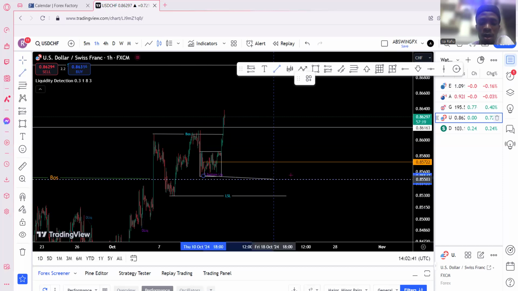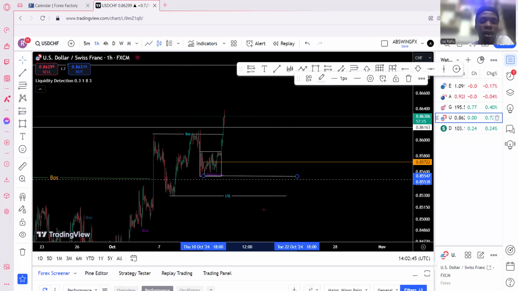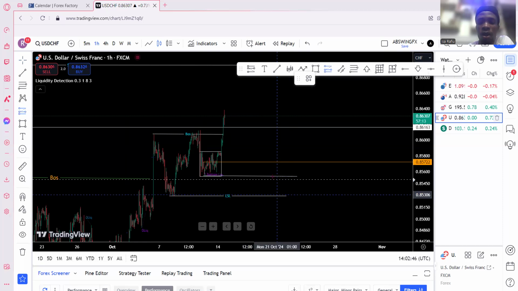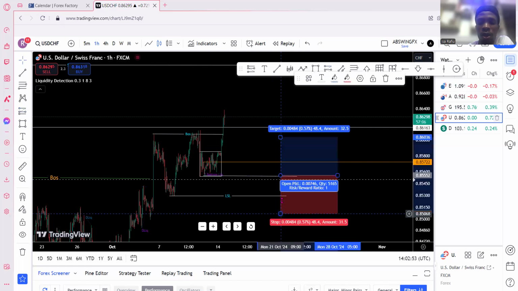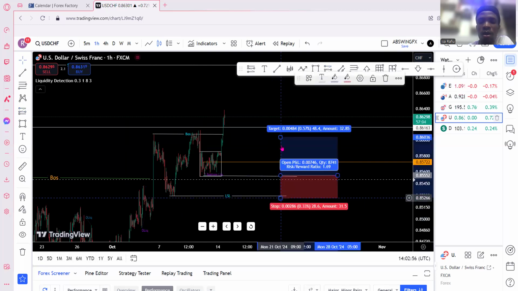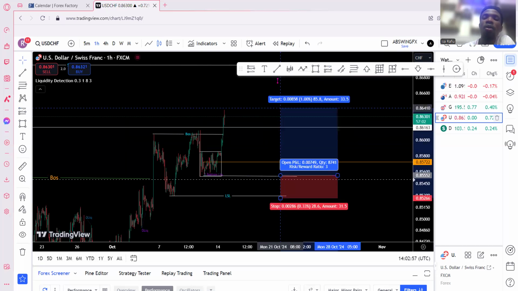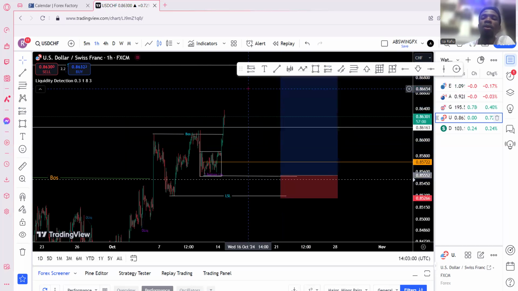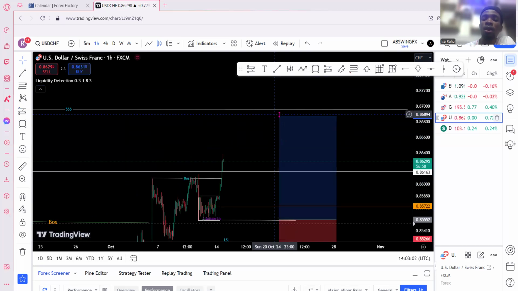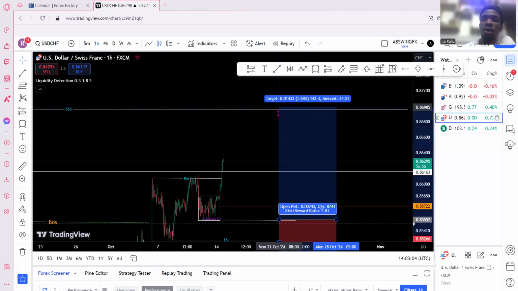Basically it is best advisable to have entry after it clears and we see a push up, then look to the next opportunity because you need to follow the trend. Trend is your friend.